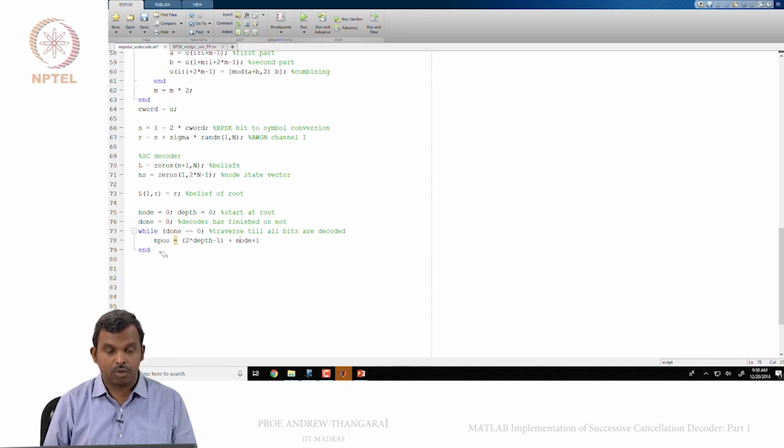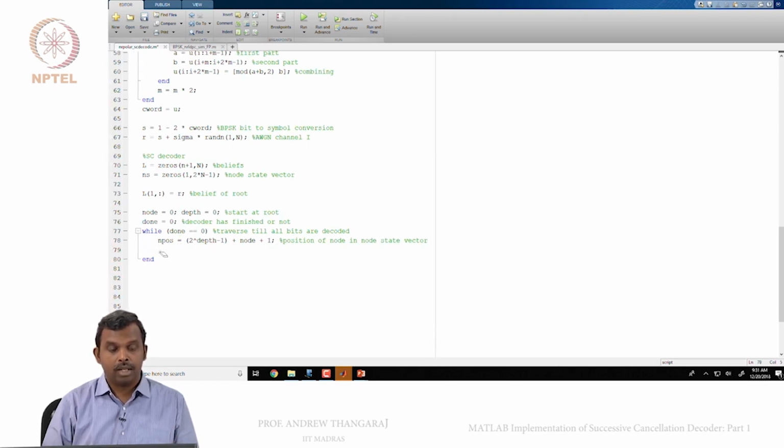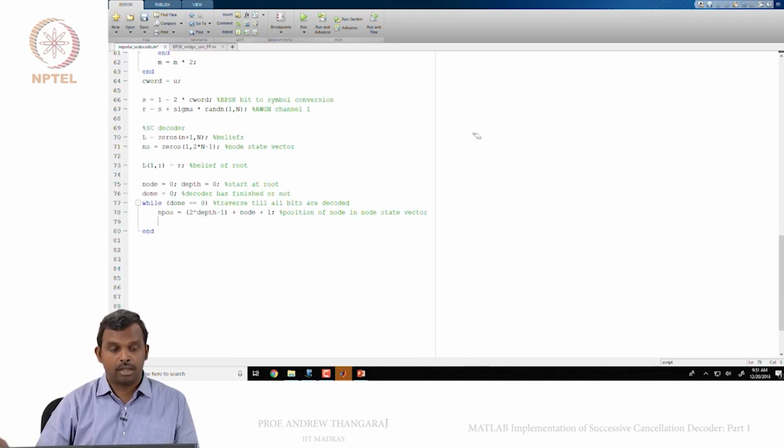That's the MATLAB adjustment for the position of node in the node state vector. That is the npos, and then you have to do multiple things depending on what the state is. You can do a lot of if conditions here, but it is just a few states only. If ns of npos equal to 0, that is one condition.